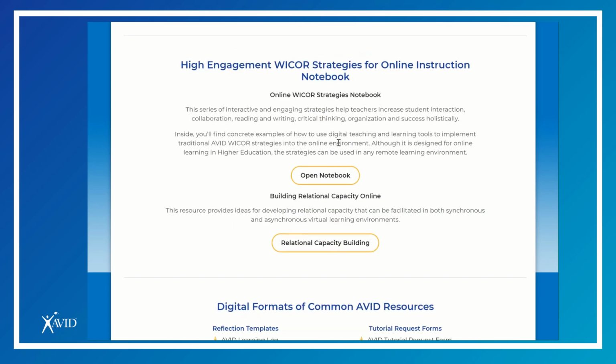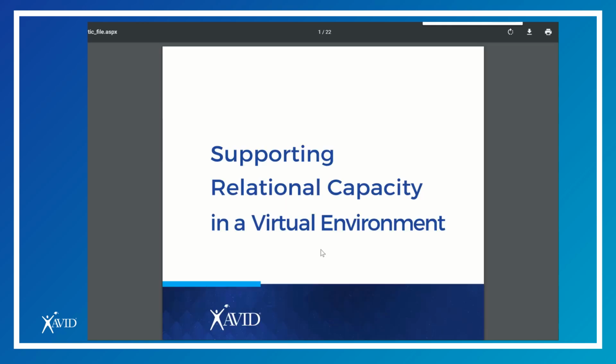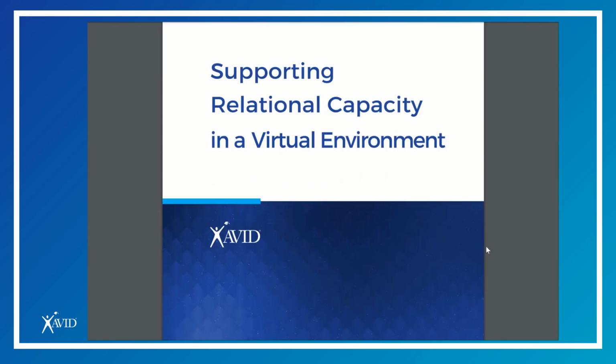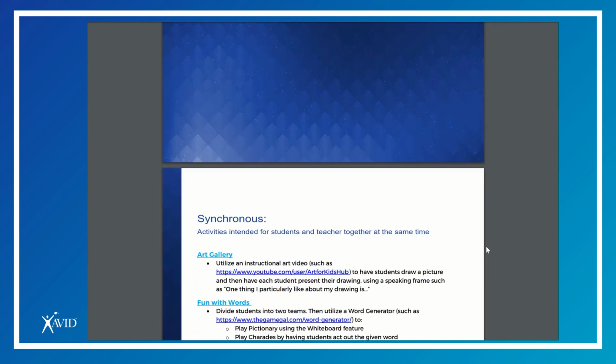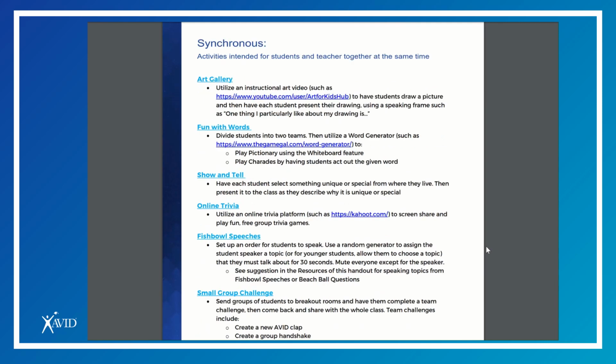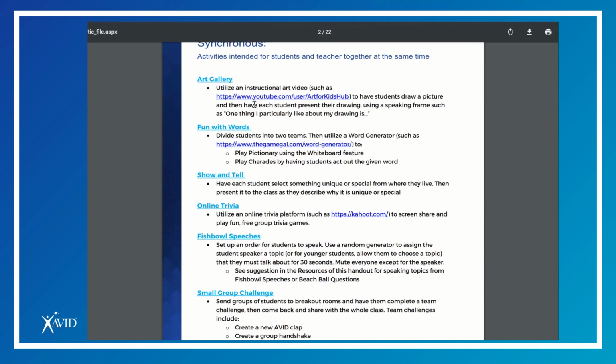And then we have notebooks here, relational capacity building. So we know that right now it's really hard to build relationships and keep those relationships that you've spent so much time building with your students, to keep them strong. So these are some great resources that AVID put together to keep you thinking creatively about how to keep these relationships going. So virtual art galleries, fun with words, show and tell, trivia.